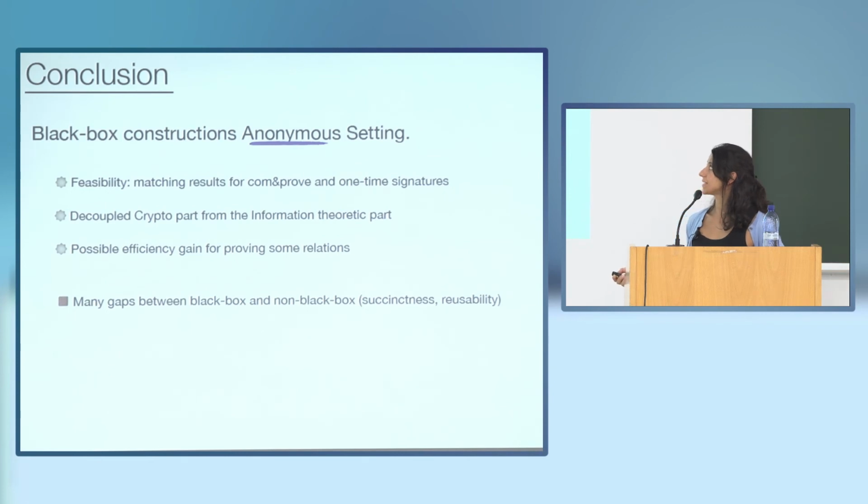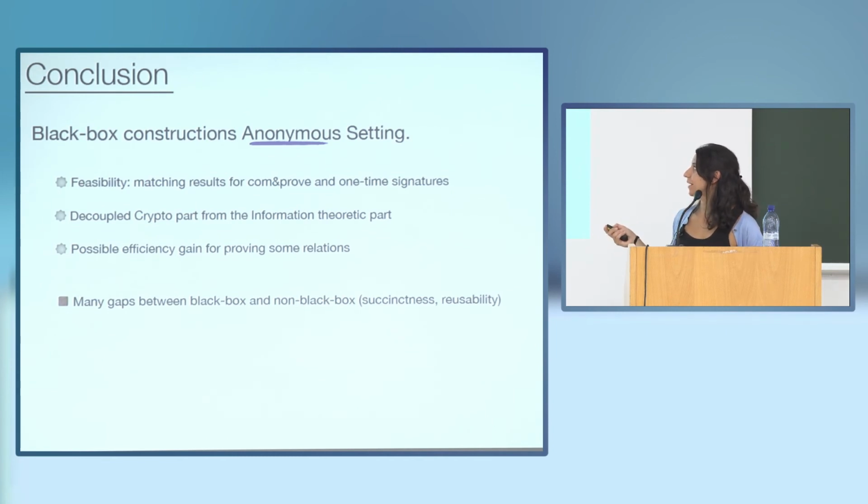The conclusion is that we looked at the anonymous setting for black box techniques, and we saw that for commit and prove, you can achieve the same thing as in the non-anonymous setting, with black box access to a random oracle. Ideally, we want to get rid of the random oracle and just have a one-way function. I'm not sure if that's possible.